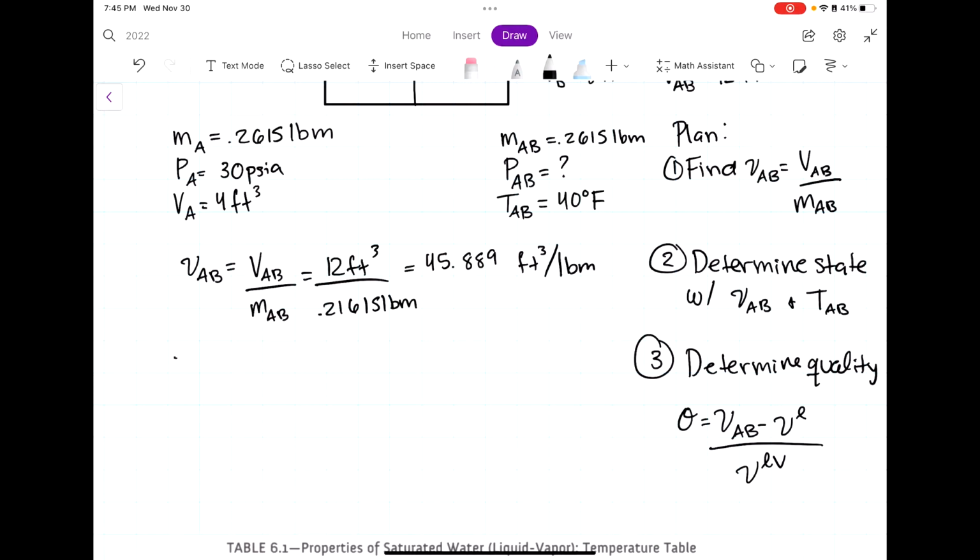Now that we have our specific volume of 45.889 feet cubed per pound mass, as well as our final temperature of 40 degrees Fahrenheit, we can look them up in our tables.